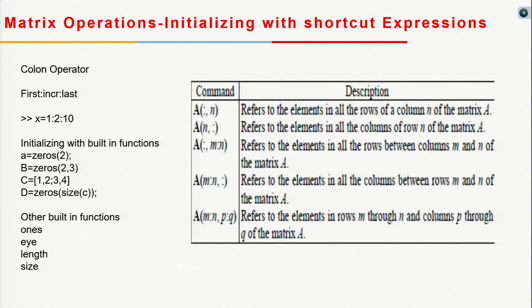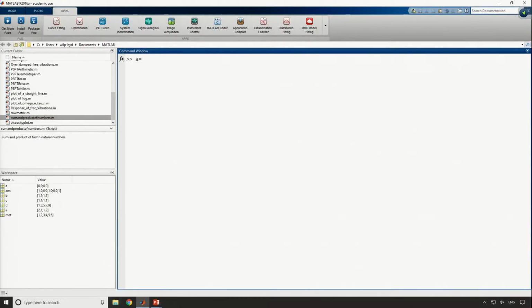The colon operator is also useful in addressing certain rows and certain columns, and also certain elements from one range to another range. For example, let us say I have the matrix A is equal to 2 4 6, I am separating this row by a semicolon, 8 10 and 12, and this is my matrix.